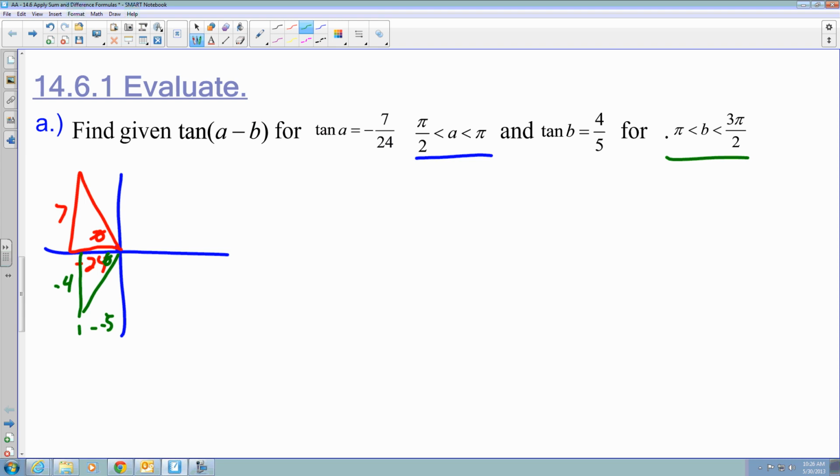And you can find the hypotenuse for other trig functions. So say if you were looking for sine, you could find that out by using the Pythagorean theorem.